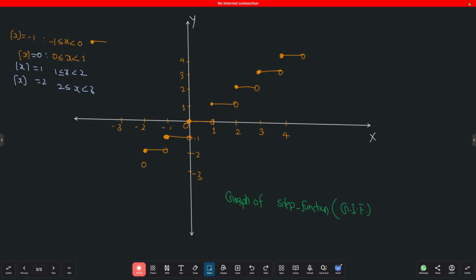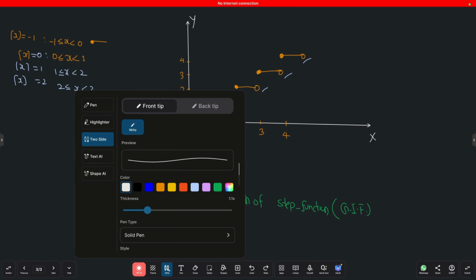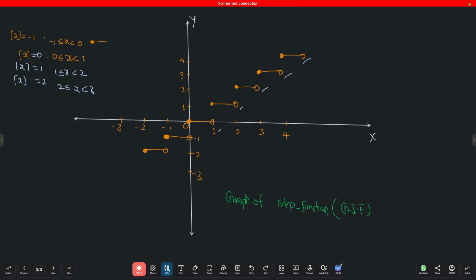In fact, you have to observe the pattern. If you see in the graph, on the right hand side there is always a circle type. Right hand side. Can you see it? Coming, no? Right hand side circle type. And always on the left hand side this bold type is coming. Okay. Let me erase this one. If you want to extend the graph, then how will you extend it again?